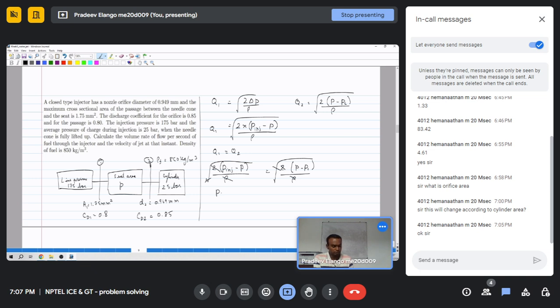We will be left with P injector minus P is equal to P minus P cylinder. Now we know P injection is 175, and then P cylinder is 25. Then we can write P as P injection plus P cylinder by 2. That is, P injection is 175 plus 25 by 2.